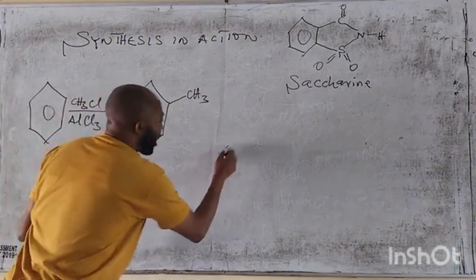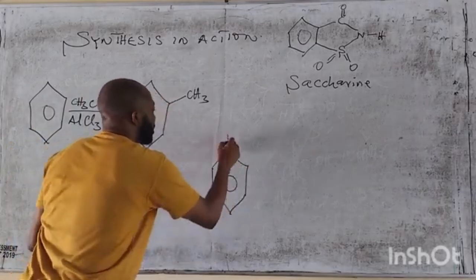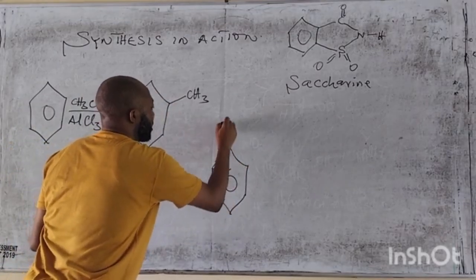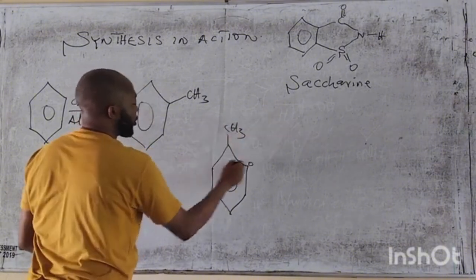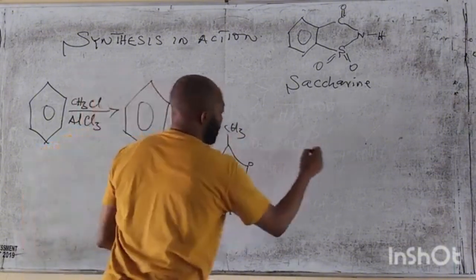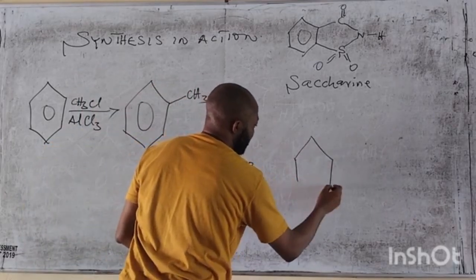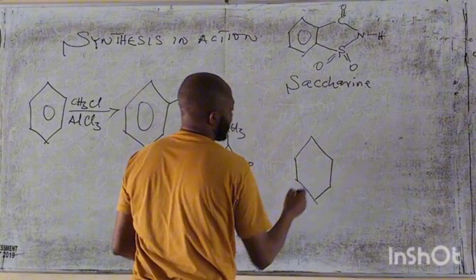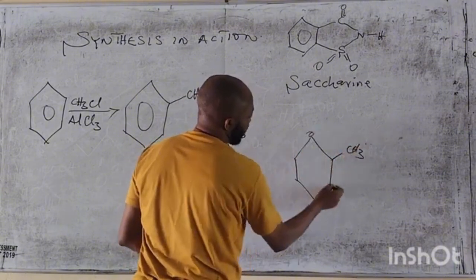Let's see if I were having this, if this is occupied. Okay, let me just use CH3, sorry. This is ortho. If I have this, this is occupied. Here it becomes my ortho.